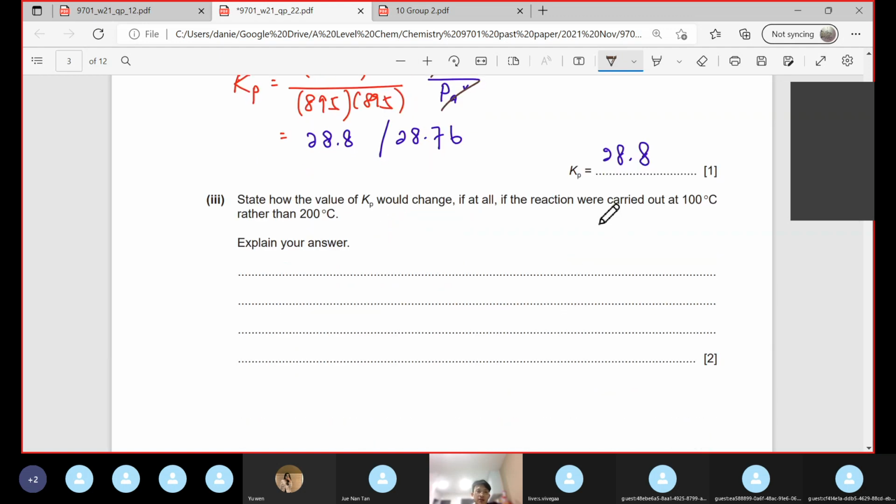Okay, then Roman 3: state how the value of the Kp would change if the reaction were carried out at 100 degrees Celsius rather than at 200 degrees Celsius.